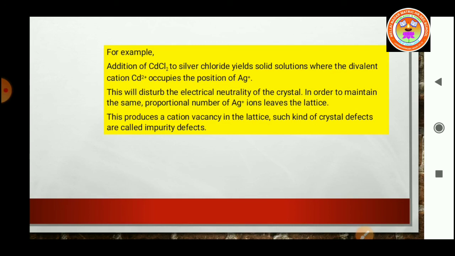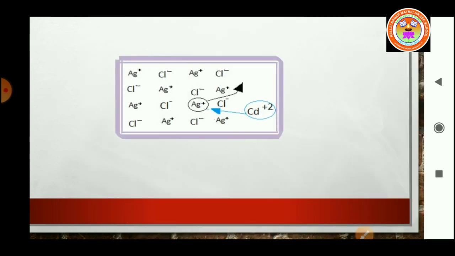Meaning is clear. If 1 Cd2+ is occupied, we have to remove 2 Ag+ ions. Electrical neutrality is the same, but a vacant place, that is a cation vacancy, is present in the lattice. That's why it is called impurity defects. Okay, see the diagram. It is clearly indicated what impurity defects are.